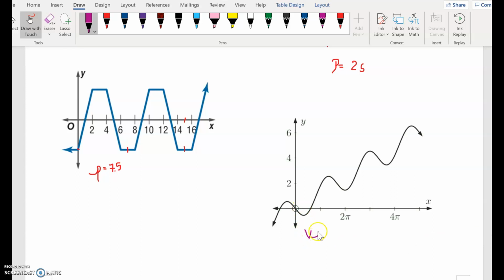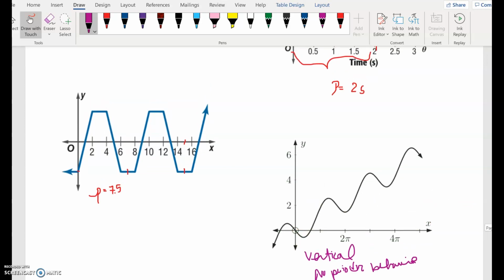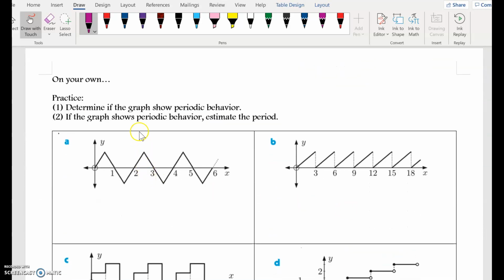So this one has no periodic behavior. I'm using my mouse so I can't even spell properly. So this one has no periodic behavior. Okay, so you're going to try the other examples, where you're going to identify whether they have a periodic behavior, and show an estimation of the length of one cycle, so one period.